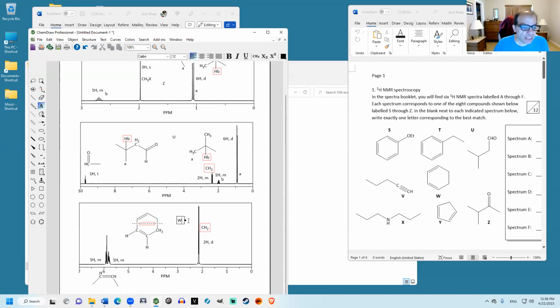The way we know it's not compound Y is because Y also has a plane of symmetry. But the ratios are wrong.